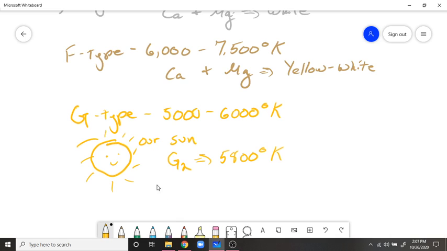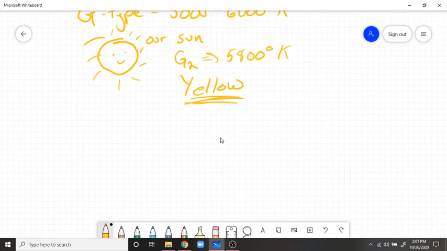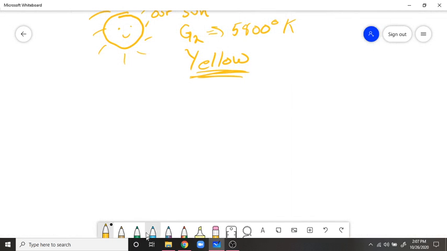And our color, if you haven't guessed from my pen, is yellow. So our yellow sun is a G2 type star, which is medium sized.